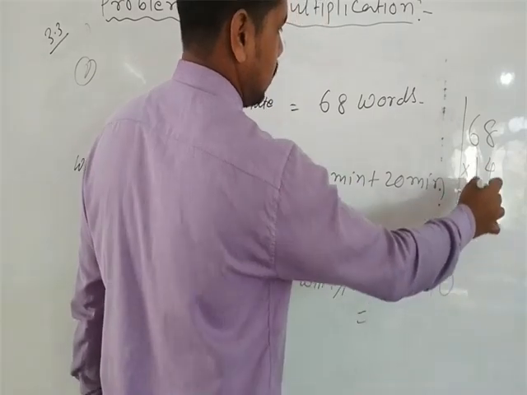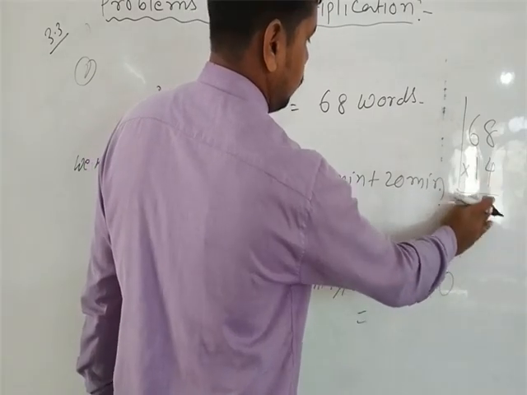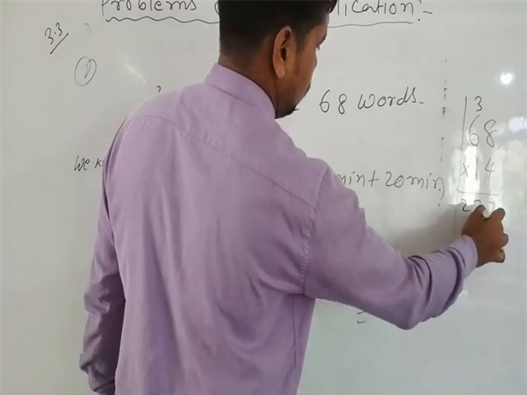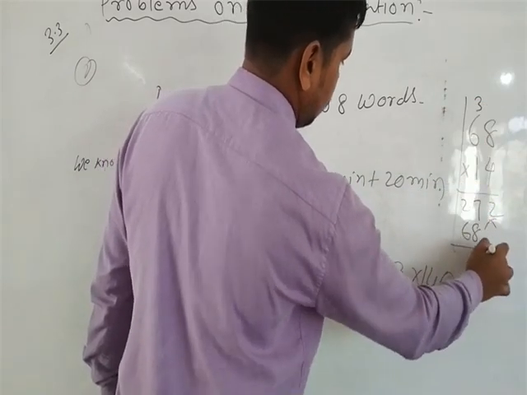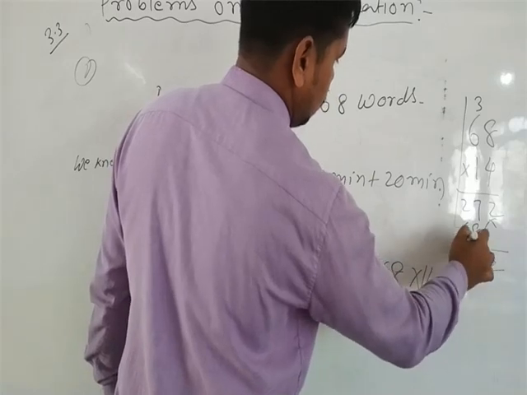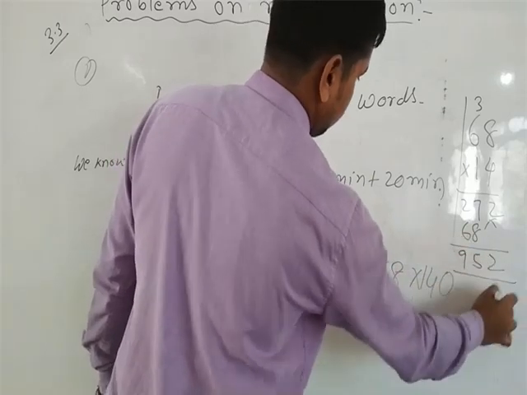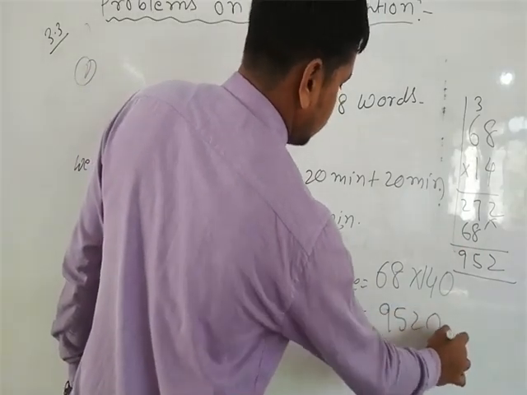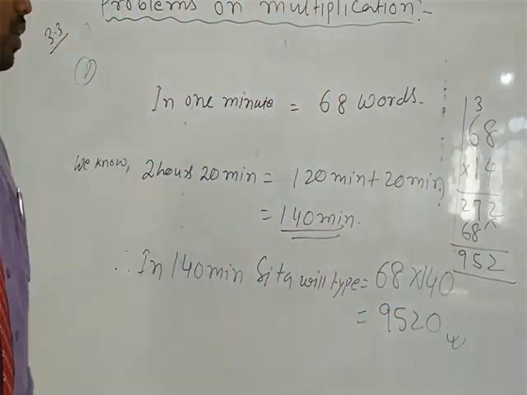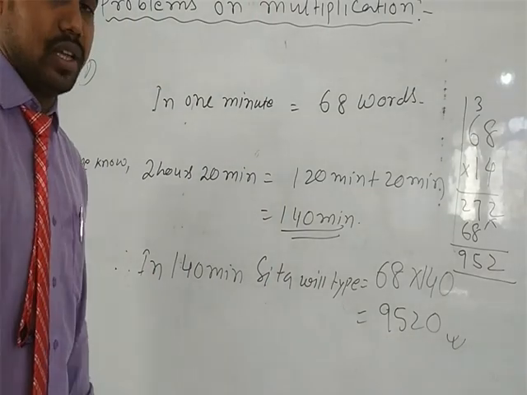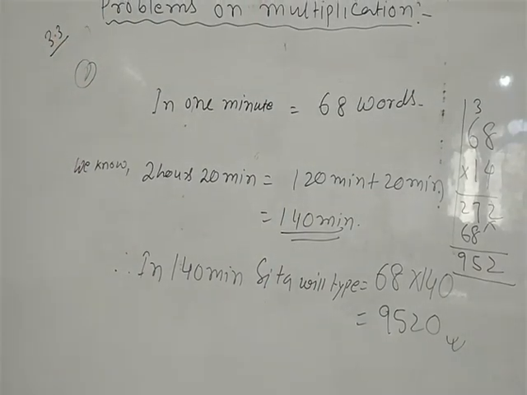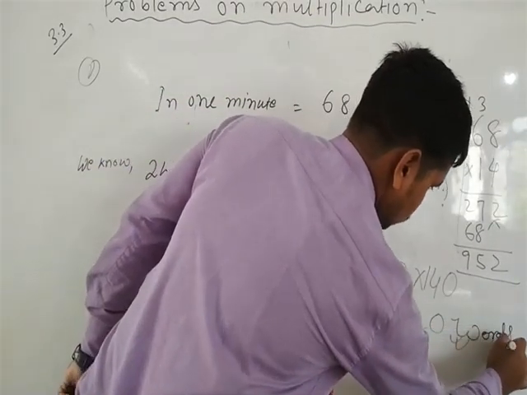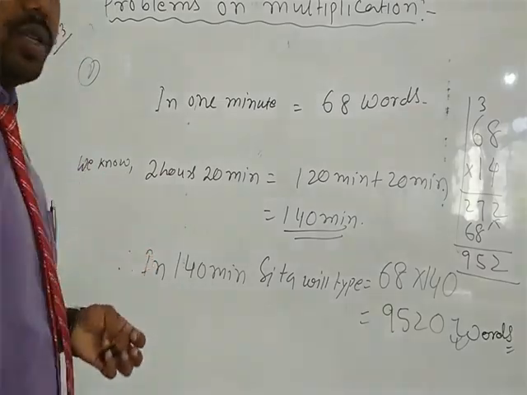So 952, and the 0 is here. So this much of words Sita will type in 2 hours and 20 minutes. So this is how you can solve question number 2.